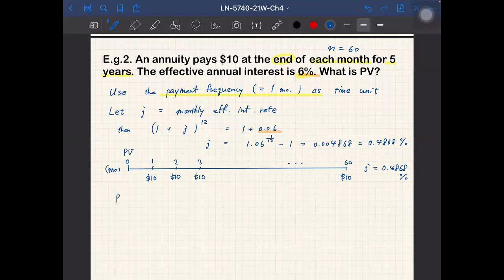So the present value of this annuity is 10 times a angle 60 at 0.4868%. You can just input the payment as 10, n as 60, and the interest rate as 0.4868, then calculate the present value. This becomes 519.24. So in this way, we can calculate the present value of the monthly annuity.